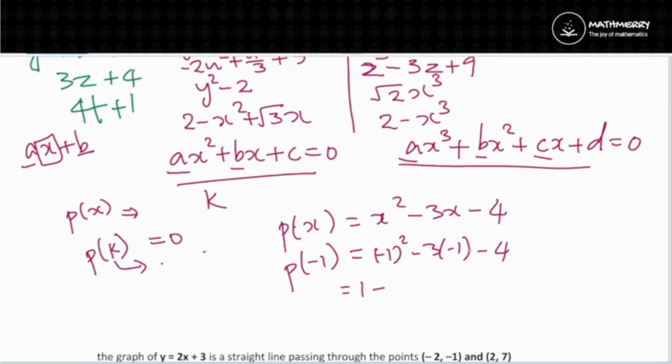Now minus 3 into minus 1 is plus 3, minus 4. So 1 plus 3 is 4, 4 minus 4, we are getting 0. So if we are getting this value as 0, then that means minus 1 is a 0 of this particular polynomial p of x. So that is the meaning. I hope this is clear.